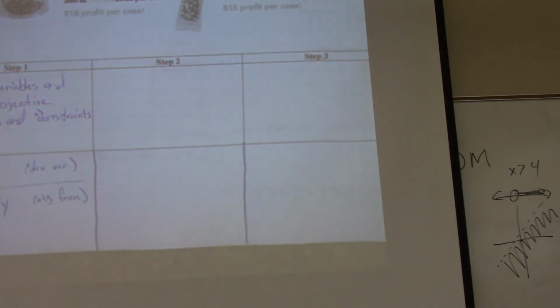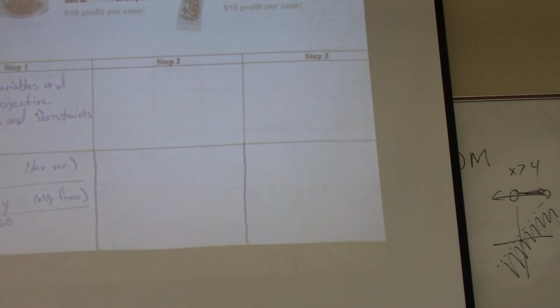Now, the last part is again the constraints. Maybe in terms of hours, it takes 2 hours for a table and 3 hours for a chair, and combined I can't spend more than 60 hours a week on it. So I have a constraint: 2 hours for a table, 3 hours for a chair, and combined I only have 60 hours of manpower to devote to that.